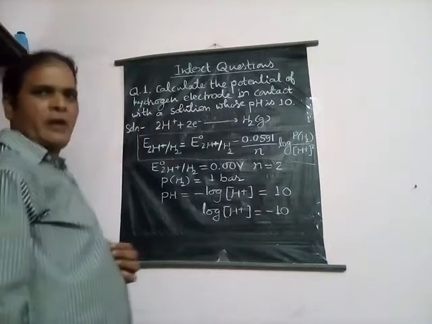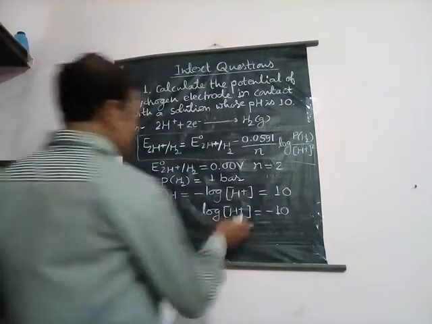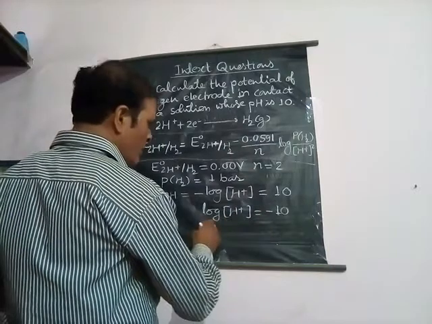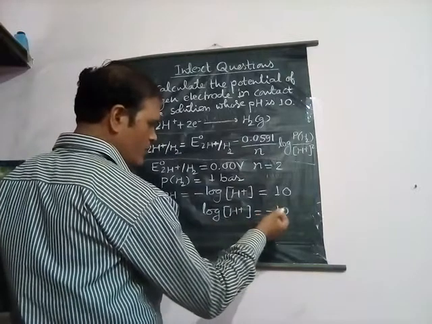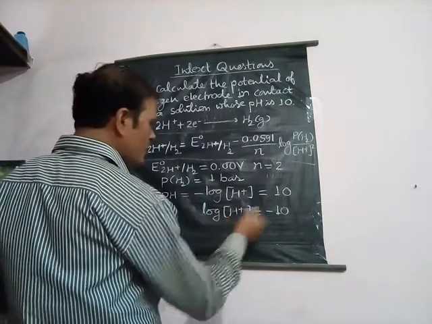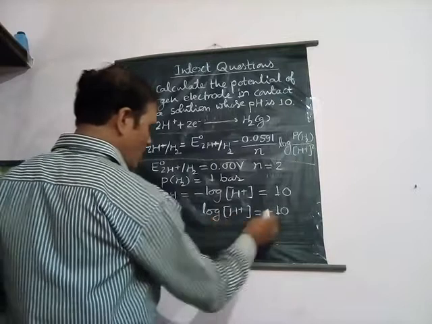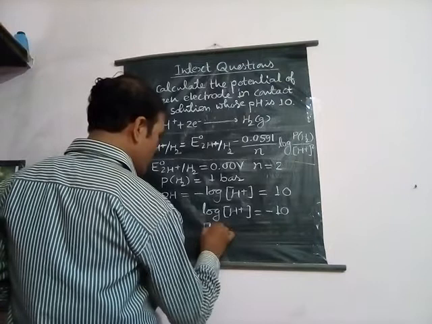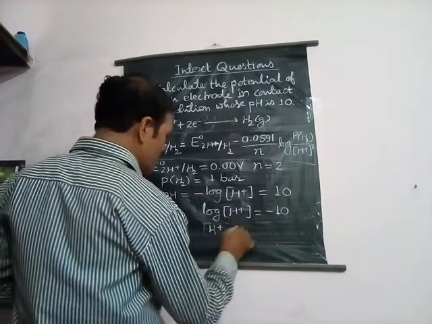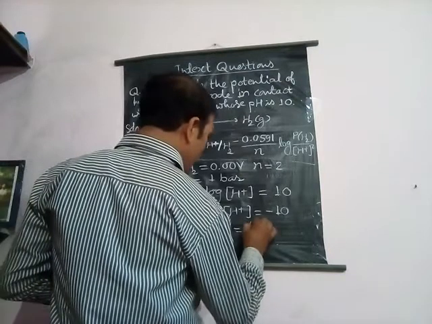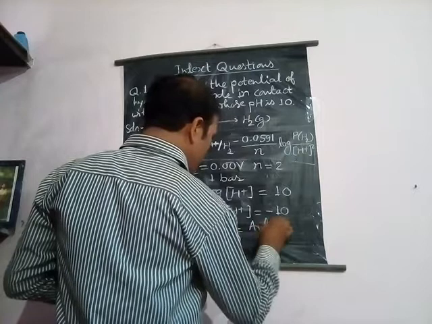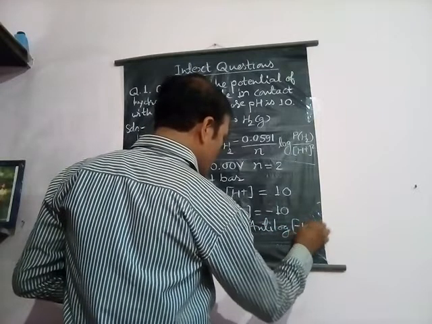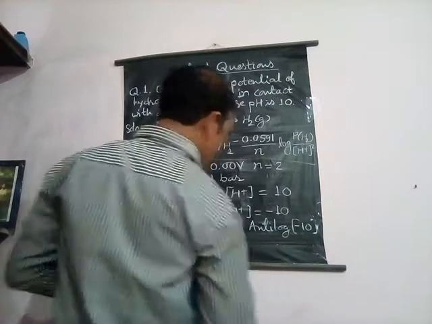Now if you want to remove the log value, you will take the anti-log. On removing the log, the concentration of H is equal to the anti-log of minus 10.